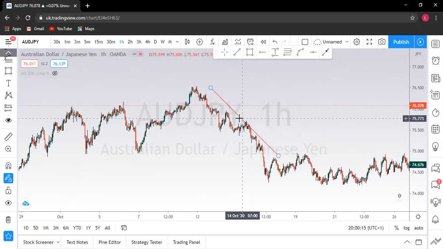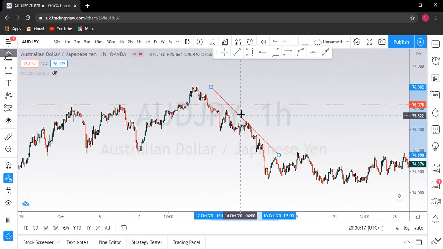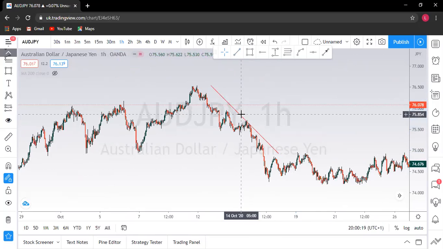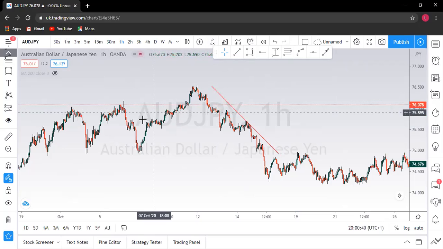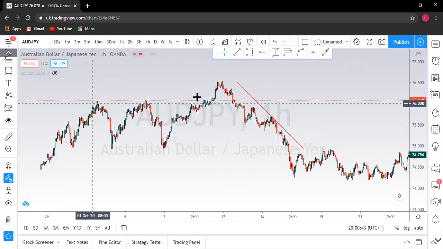Remember the rule I told you, that you should join only your swings. It should join swing highs and swing highs together, swing lows and swing lows together. So this one will not join them together, so it is not a valid trend line. You understand? You can just leave it like that.